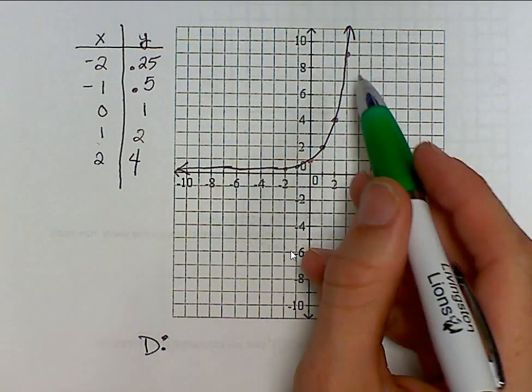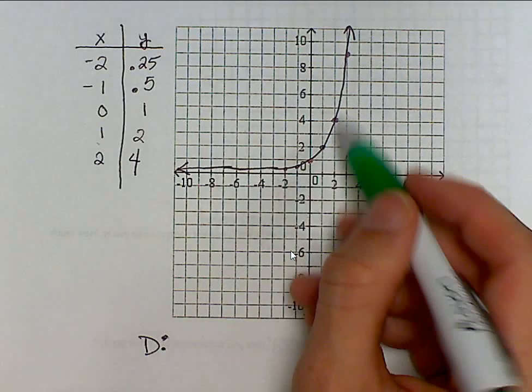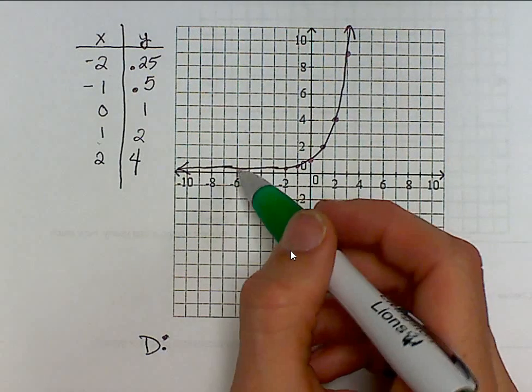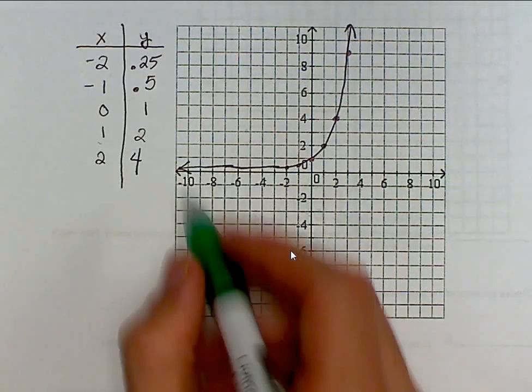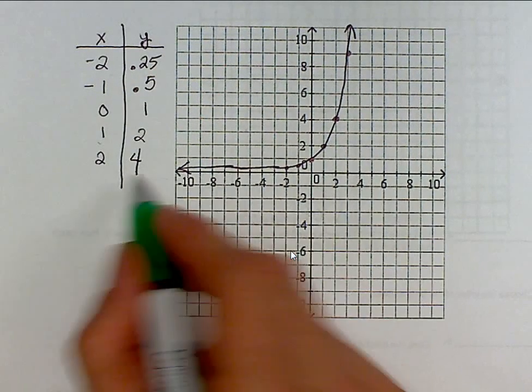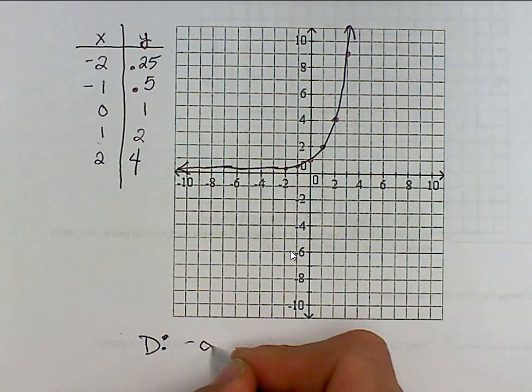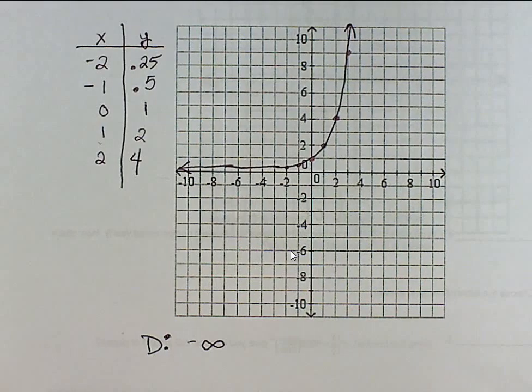I have a line. So are there any breaks in that line? I've got arrows, right? Okay, so my domain is how far left to how far right. It continues on forever here, continues on forever here. Yep, it's going to be the little infinity sign.